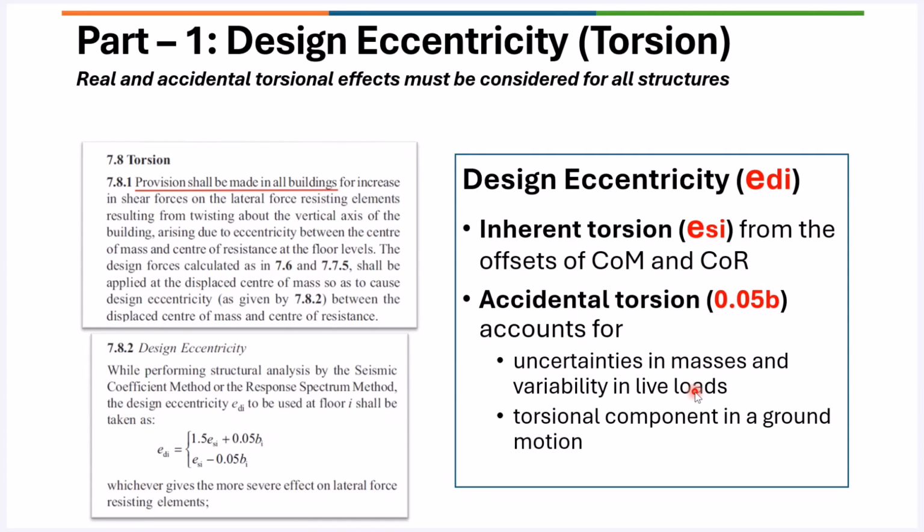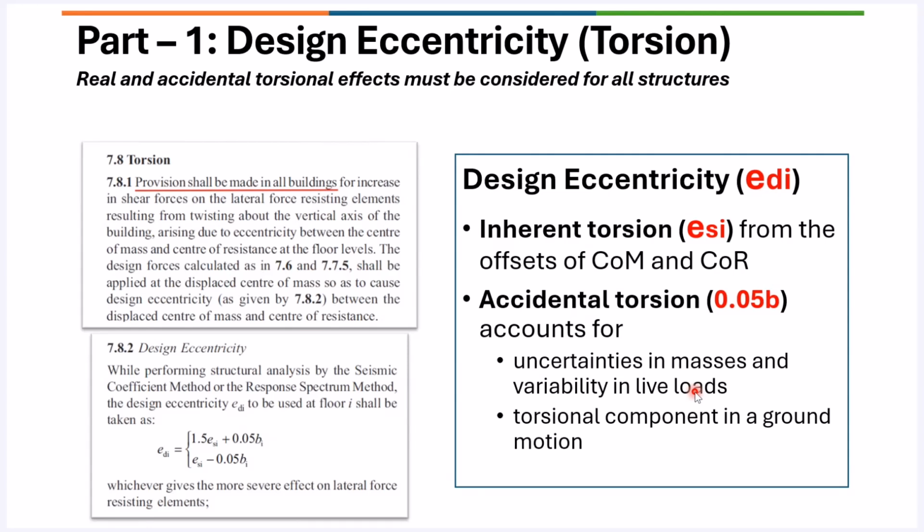We can also consider other variations, but typically, since we are following the code, we will use this mass estimation, and then the torsional component in a ground motion, which is not recorded, but can be accounted for with the translation orthogonal excitation.